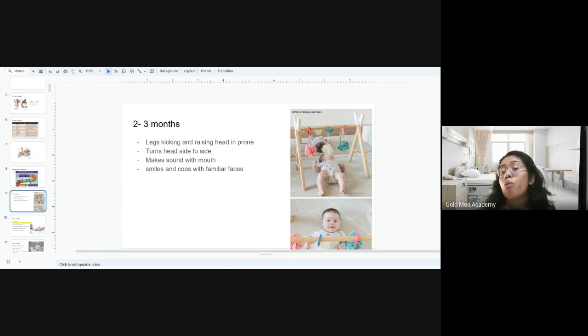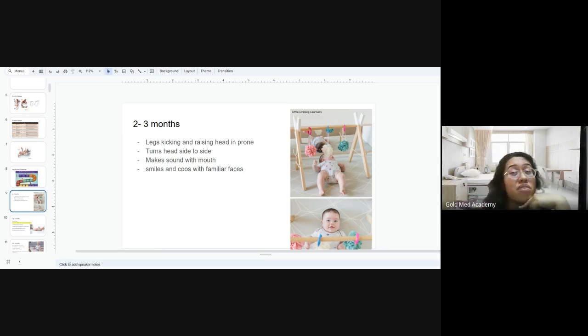At this point, they should already have the milestone in place. So at 2 to 3 months, if you look at this picture right here, they're usually laying on their back. And if you put them into a prone position, so prone, always think with their tummy down, okay?